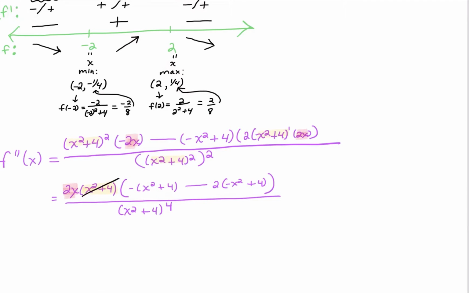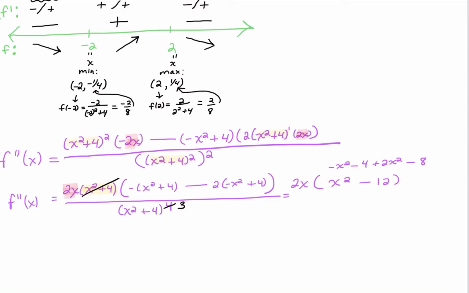Now, we can reduce one of our x squared plus 4s. And essentially what we're going to do is we're almost there. We're going to just kind of clean up that larger quantity that was left here. So if you think about inside this larger set of parentheses, it would have been distributing through the negative, a negative x squared and a minus 4. Distributing through the minus 2, you'd have a plus 2x squared and a minus 8. So 2x squared minus x squared would just be an x squared, and minus 4 and a minus 8 is a minus 12.